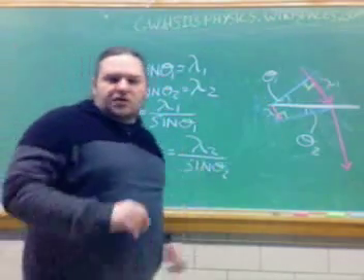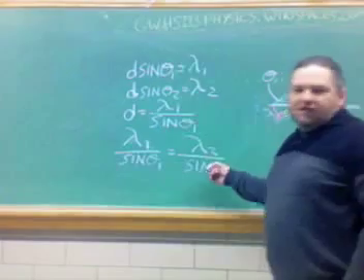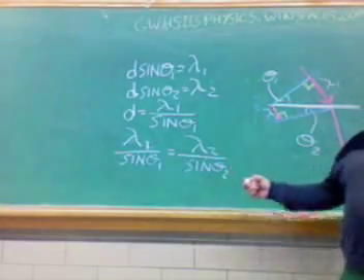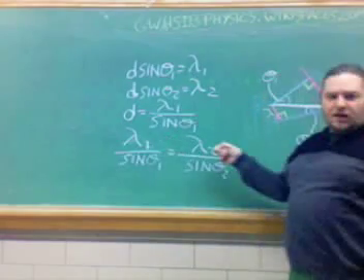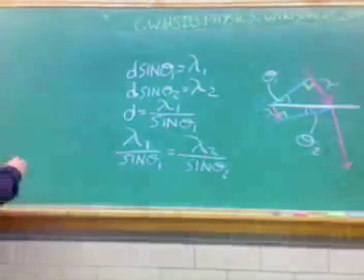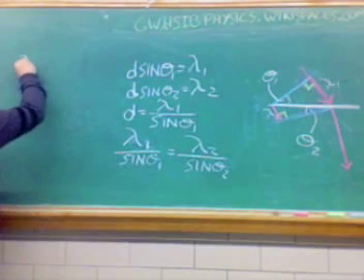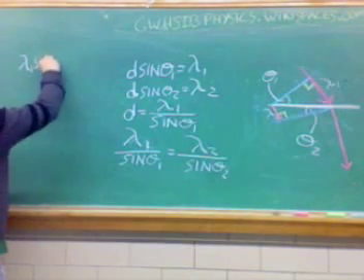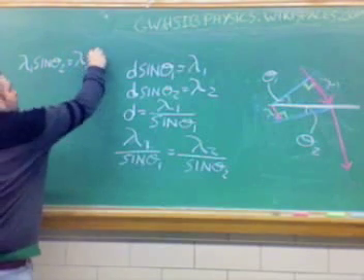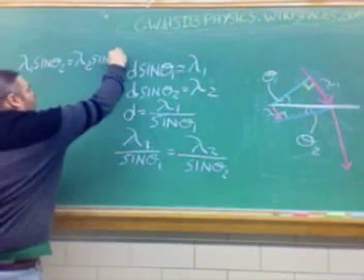I can set them equal to each other because we know that both of those d's are equal. And I get this relationship. I'm going to move this one over to here, okay? And I'm going to use this last bit of board over here to do the rest of it. So I have wavelength 1 sine theta 2 equals wavelength 2 sine theta 1.